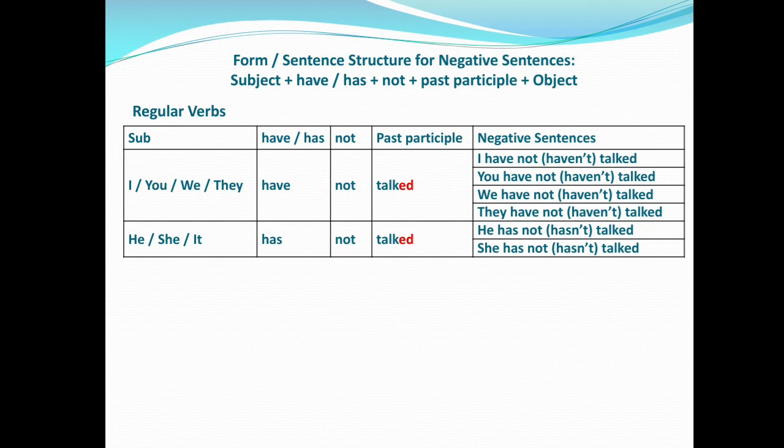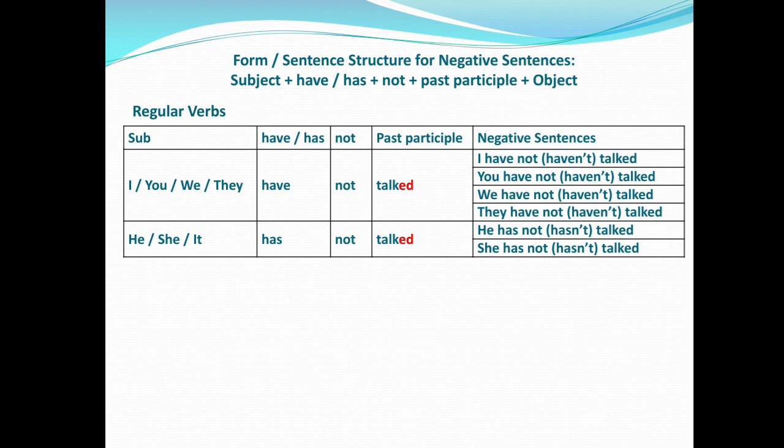Okay. And when the subject is he, she or it, you use has plus not to make it negative, regular verb talk with ed, and you get the sentence he has not. Again combine has plus not becomes hasn't. Hasn't talked, she hasn't talked, he hasn't talked.